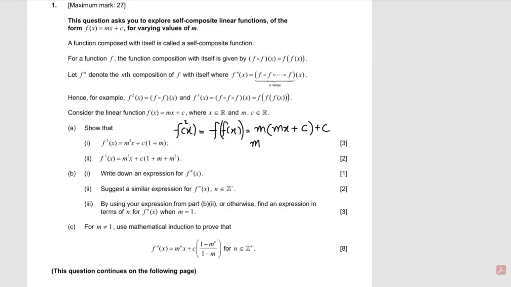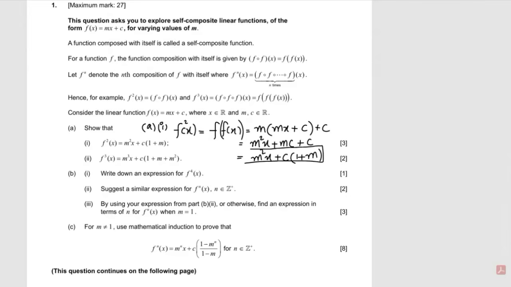So this will be m squared x + mc + c. If you factor out the c, I can write it as m squared x + c(1 + m). It doesn't matter whether you write m + 1 or 1 + m. That is my A1.